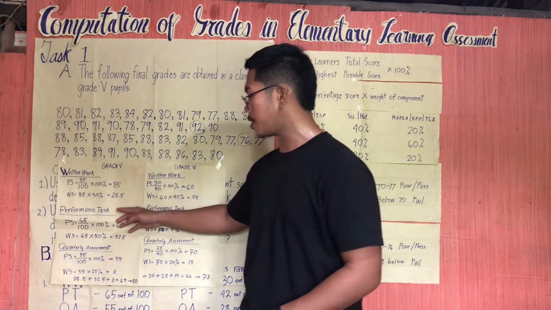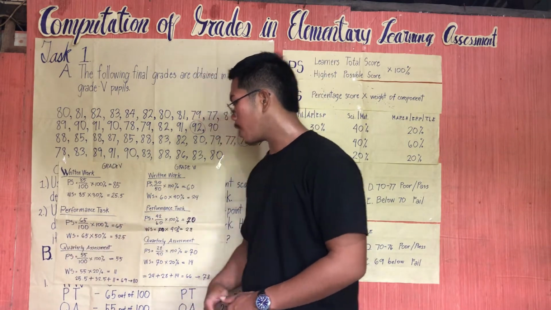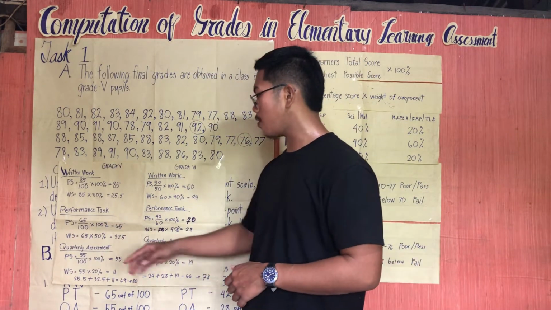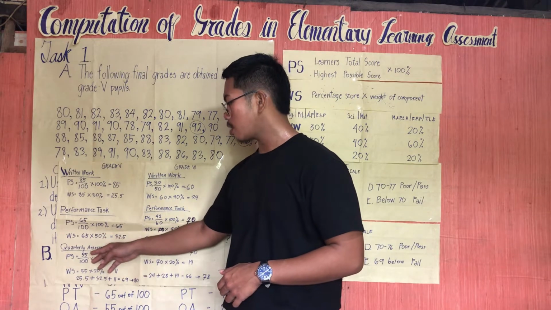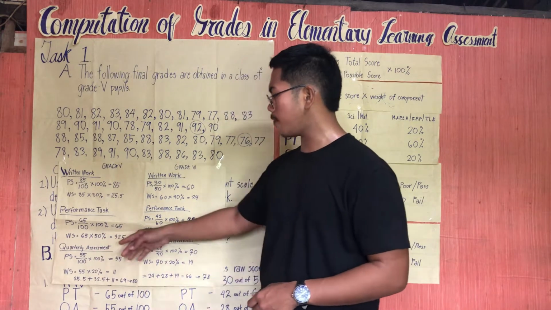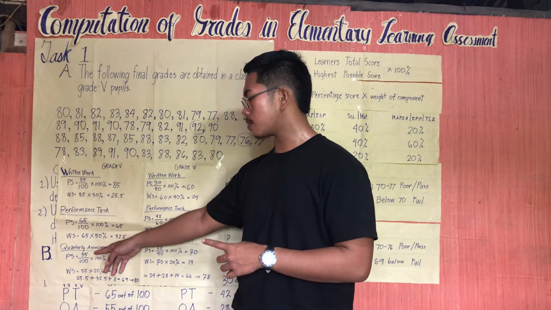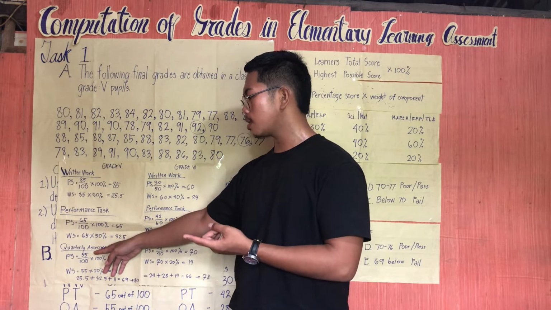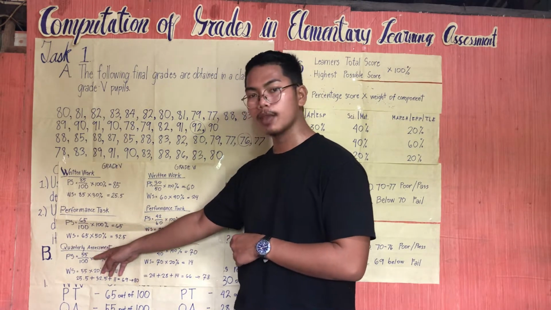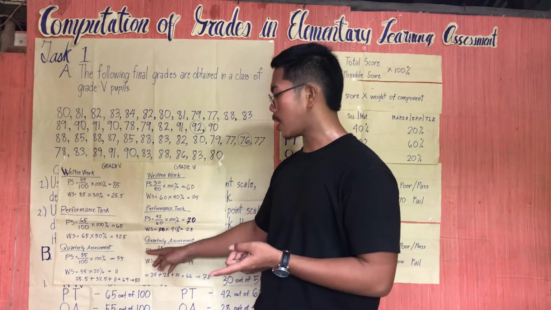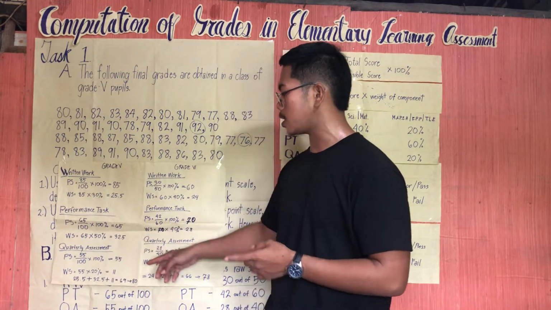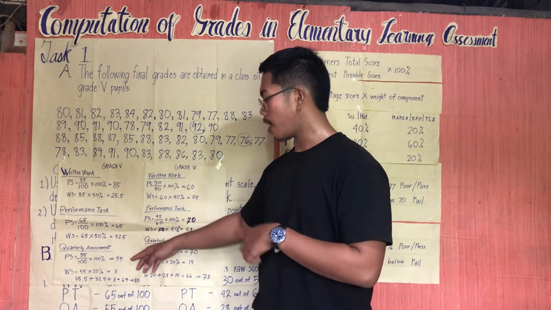And so for the quarterly assessment, we will find the percentage score. The learner's total score is 55 over 100 times 100% is equal to 55.